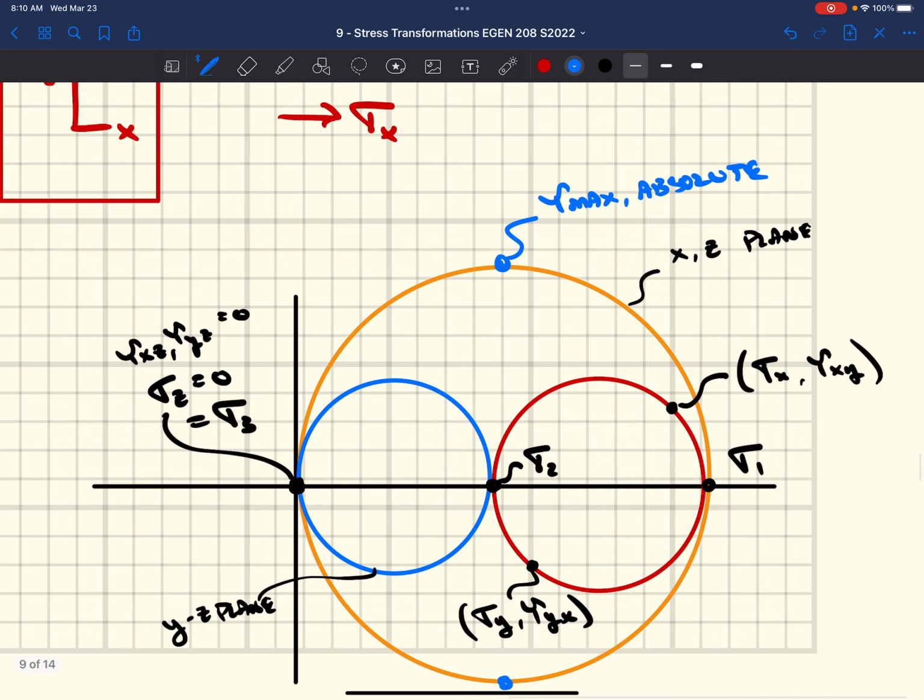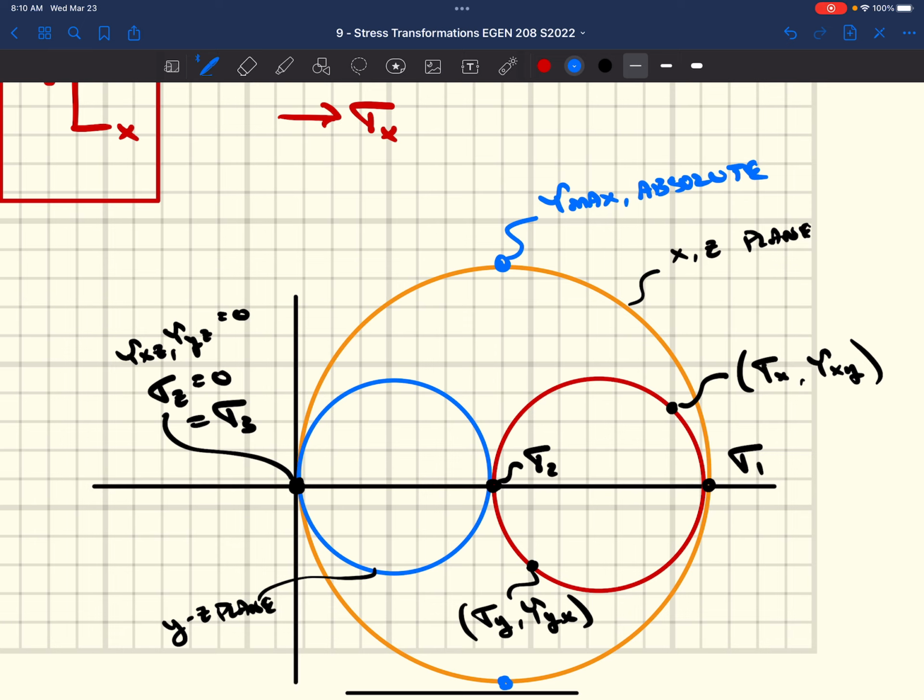And that point up there is what we would call our absolute maximum shear stress, because it is the absolute maximum stress in shear that we would see at any given plane orientation. Now we're considering it in 3 dimensions. We've considered the fact that we're going to assume that the stresses on the front and back of this cube, the z-axis, are 0, but that has a magnitude 0.